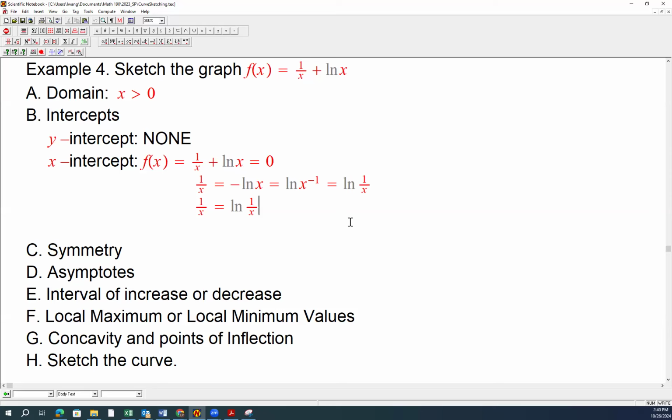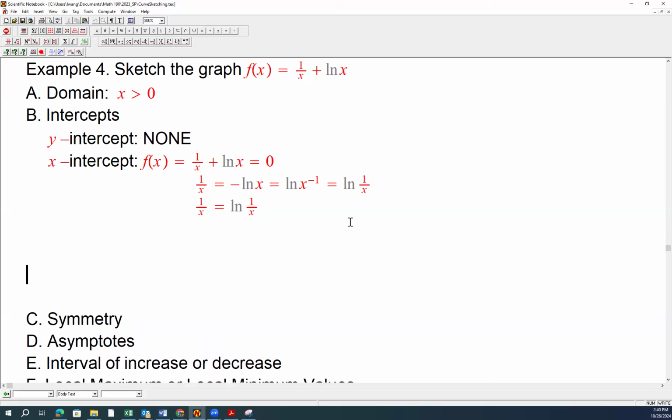So we'll be asking this question: what number will cause ln of 1 over x, think of 1 over x as omega, which is ln omega? Does such a number exist, provided that omega is positive?